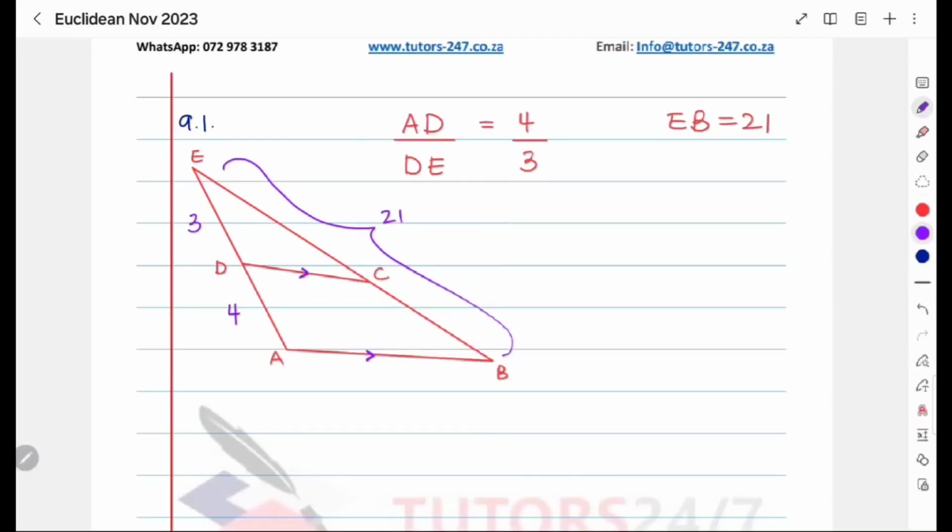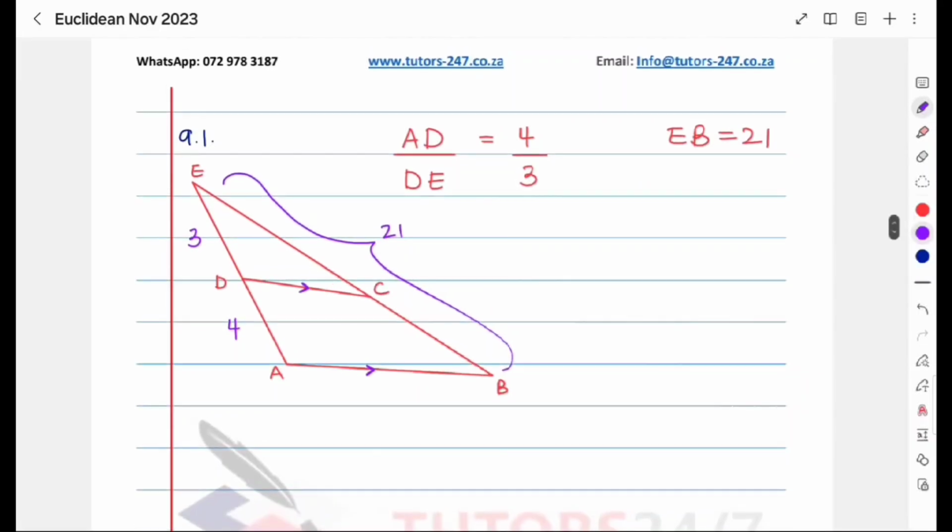So I am going to take the bottom to the middle and then the bottom to the top. The reason I'm going to take the bottom to the middle is because that is what we are looking for. We are looking for FB.